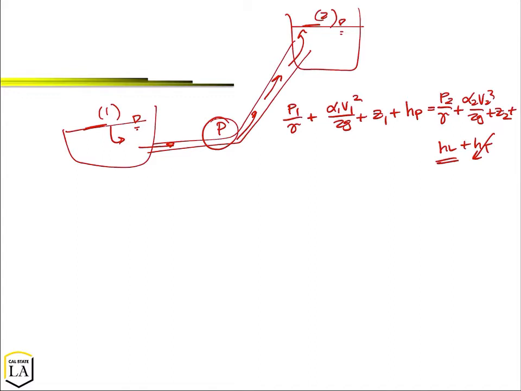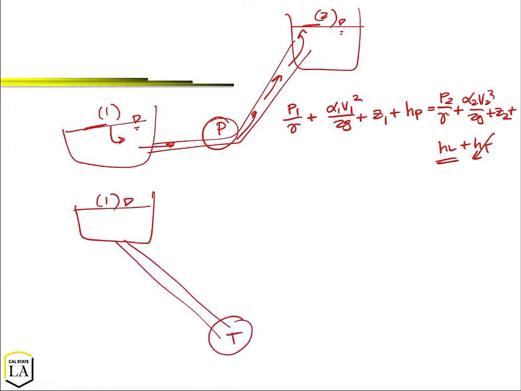we had a configuration that looked like this? What if we were going here, down, and this time we're passing through a turbine. So we're going from 1 to 2.